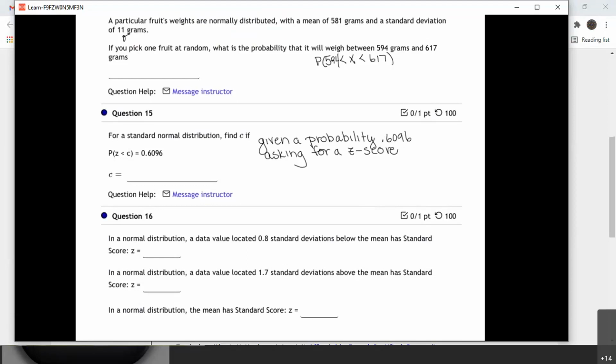So this is the reverse of the normal calculator. The normal calculator can calculate a Z value from the scores and asks you for a probability. Here you need an inverse normal calculator.